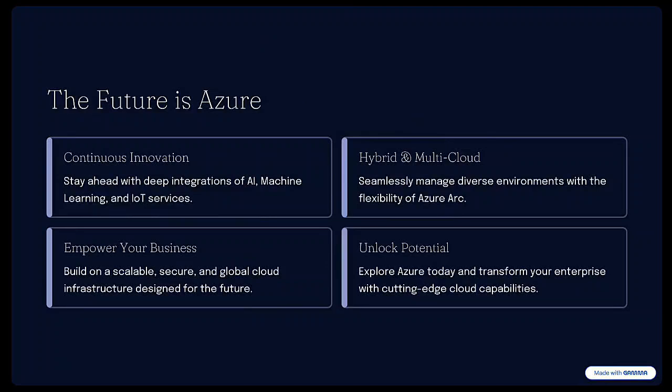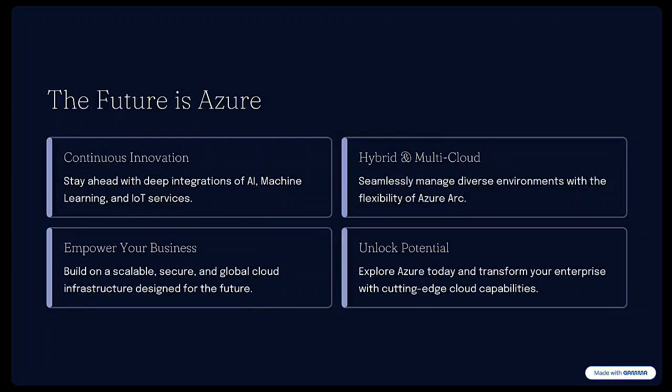So the basic step here, as I used to say every time: for making your future in AI technologies, you need to learn about the Azure cloud platform. This is a basic cloud platform, with continuous innovation, deep integration of AI, machine learning, and IoT tools, and hybrid and multi-cloud.